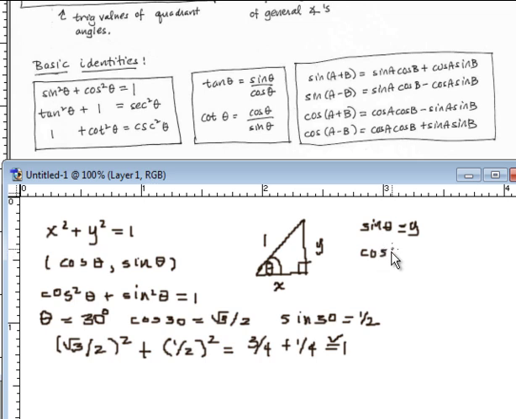And cosine theta is x over 1. So in this picture, cosine theta is x.